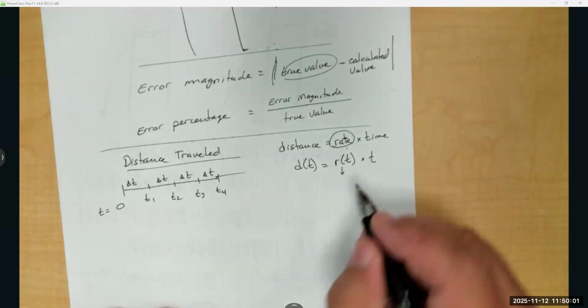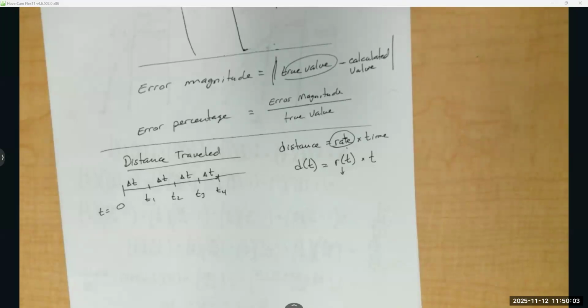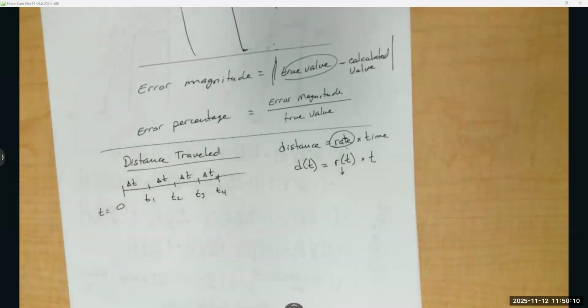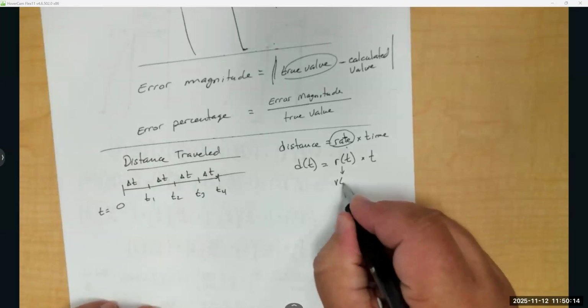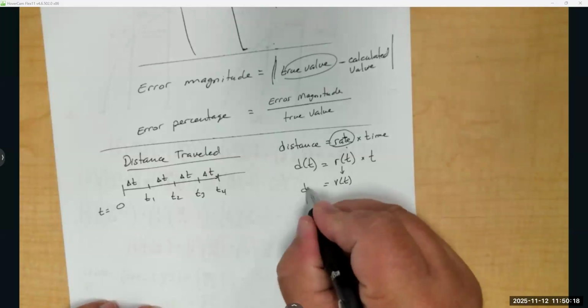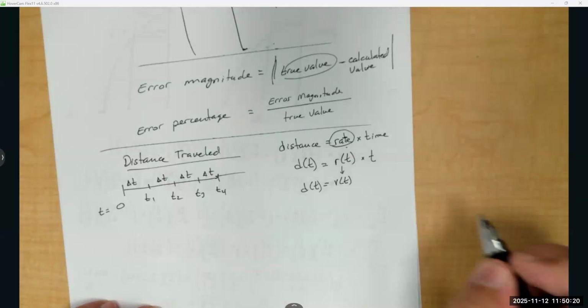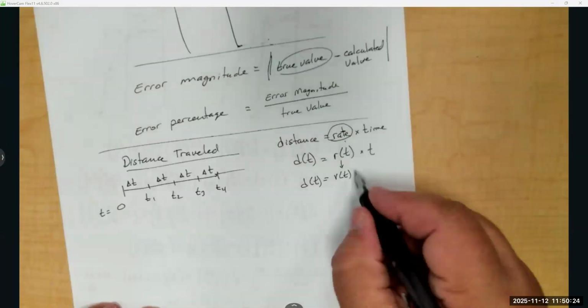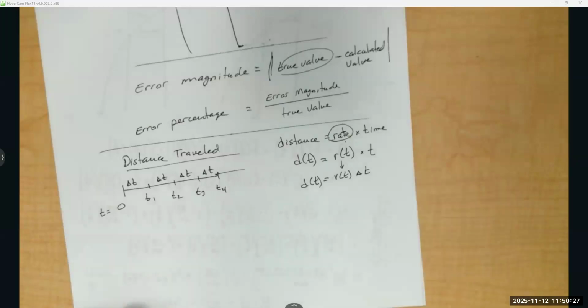When we first started in chapter 2, we did that motion problem of the rocks, and we talked about the first derivative of the position function being your velocity. So here we're looking at the velocity of the object. And since we're looking at time intervals, we're looking at delta t.